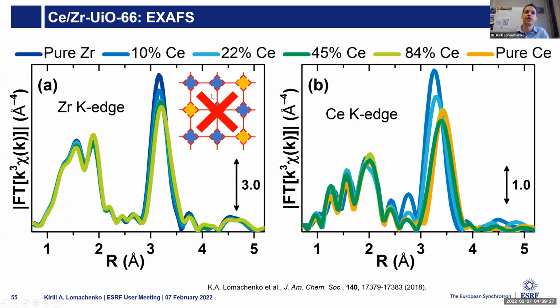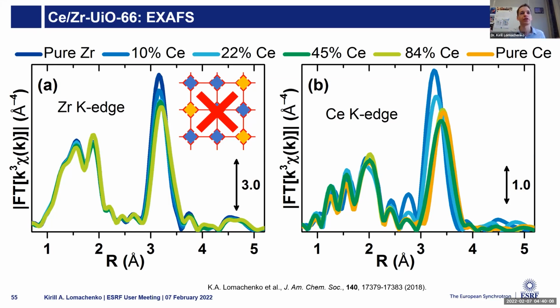If we had this situation as on the picture, with only pure cornerstones, and the difference in concentration of cerium led only to different proportions between the pure cornerstones in the material, the spectra would not change. Because the atoms in one cornerstone, you don't see the atoms in another one because it's just far away. So in EXAFS, you don't see the contribution of another cornerstone when you measure the EXAFS signal of cerium or zirconium. You see only the contributions of the atoms in the same cornerstone.